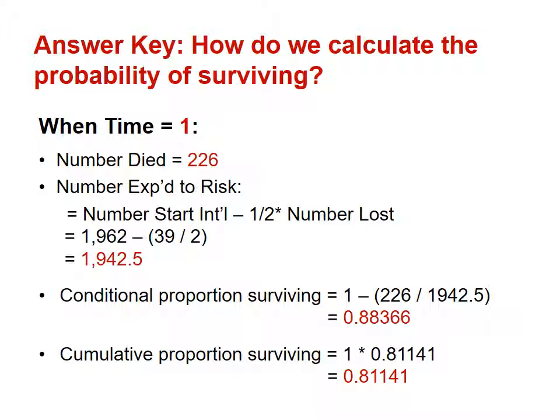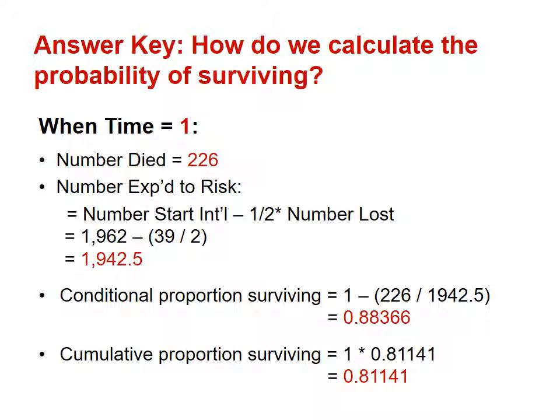It is calculated by subtracting half of the number lost to follow-up, that is half of 39, from the number of people who started the study, that is 1962, and that gives us 1942.5 as the number exposed to risk.